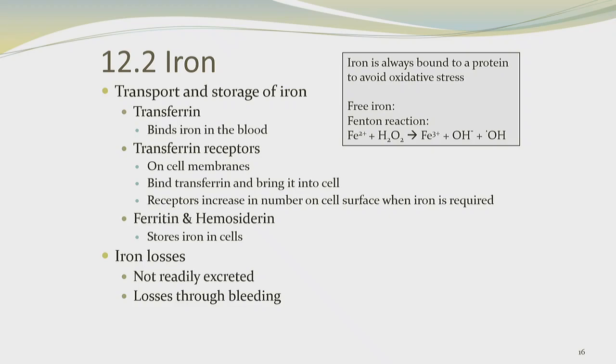Okay. So excess iron not used in metabolic reactions is, as we said, stored with ferritin or as hemosiderin. And just to reiterate, iron losses are very often as a result of losses through some form of bleeding.